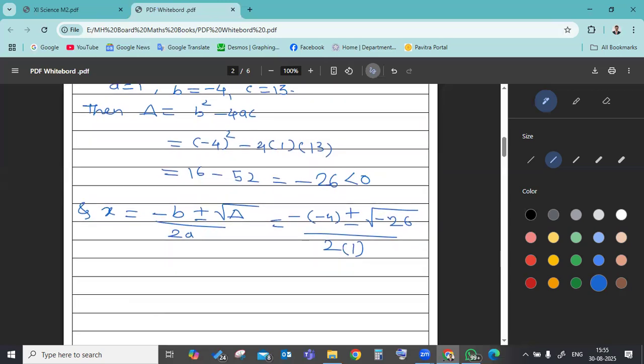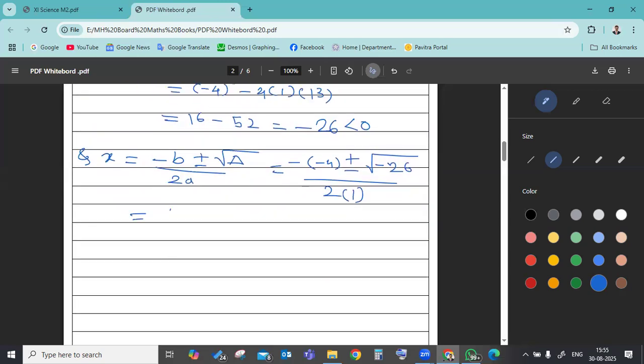So it will be 4 plus or minus 6 i upon 2, right?